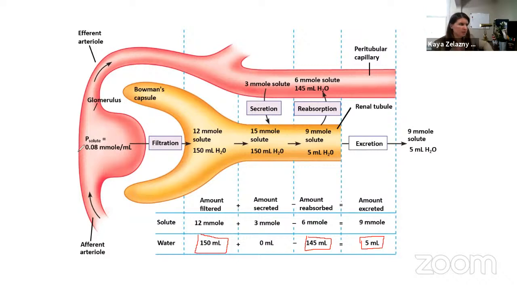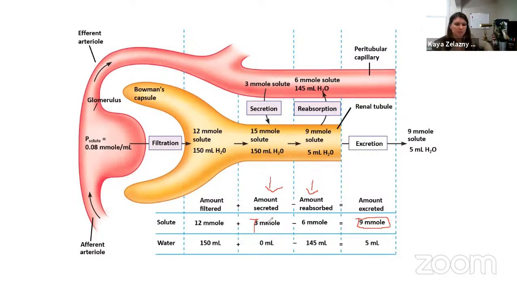Okay. So if we wanted to see something that was secreted overall, we would shift these numbers between secretion and reabsorption, which would then give us a higher number here, if we were secreting a bunch more than we were reabsorbing. Say we were secreting 7, and let's say we're reabsorbing 6 still.